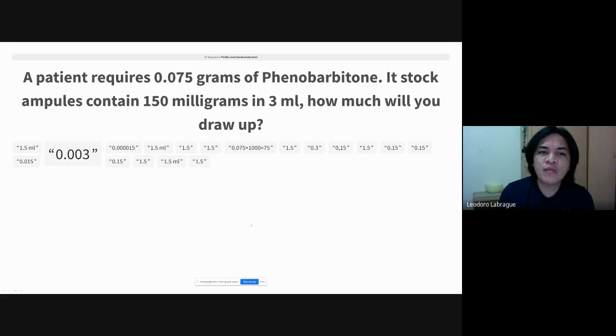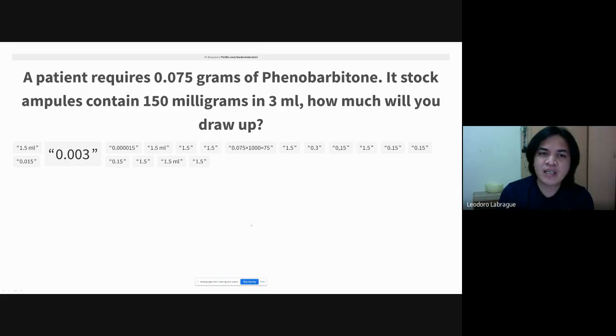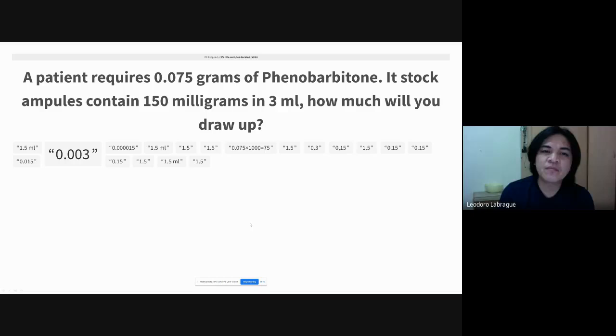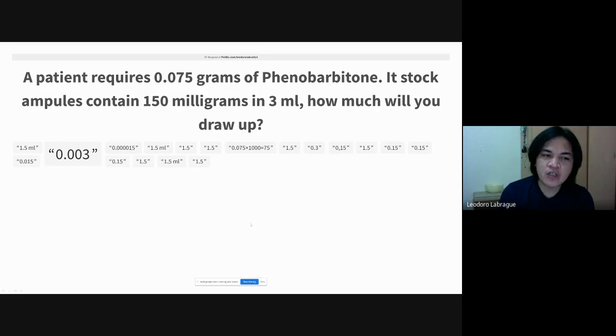So how many milligrams is 0.075 grams? 75. Very good. But then? Divided by 150 multiplied by 3. So the answer is? 1.5. Very good. Okay. The correct answer is 1.5 ml.